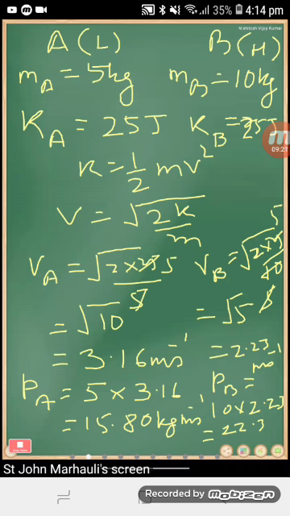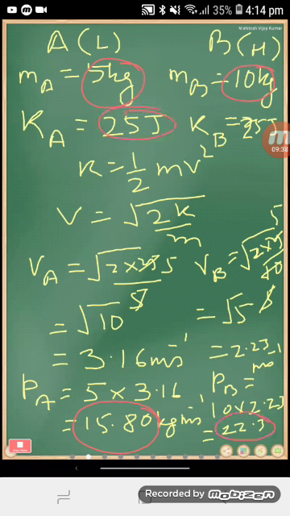Okay, so now if you try to find out the mass: lesser mass, lesser momentum; greater mass, greater momentum, keeping the kinetic energy same.